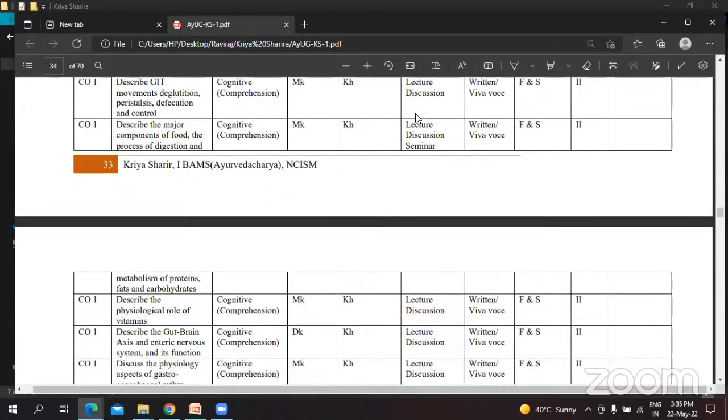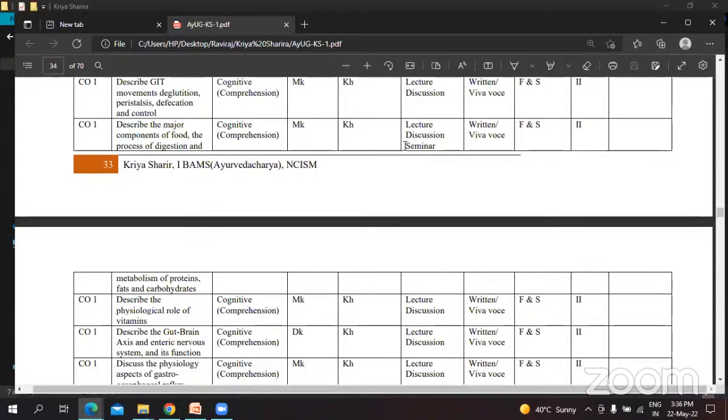Then there is one word written here, which is seminar. Seminar means we will call some expert from another batch or another year. For example, if we are discussing applied physiology of respiration, and as a teacher of physiology I have taught you everything, right?